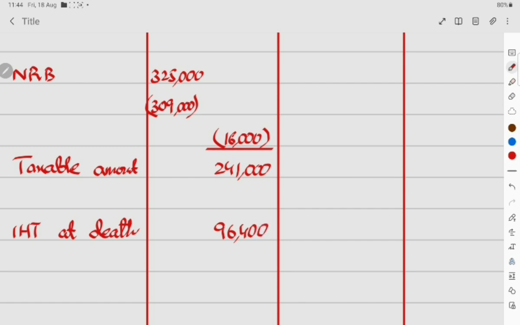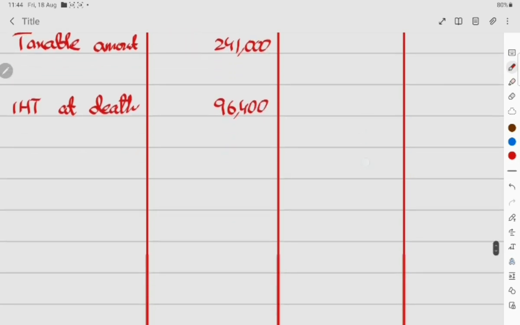But as a result of taper relief, the amount of tax will be reduced. Here we need to consider the percentage of taper relief. As the date of gift is 1st May 16, from 1st May 2016 to 1st December 2022 it is 6 years and some months, a period between 6 to 7 years from the date of gift.